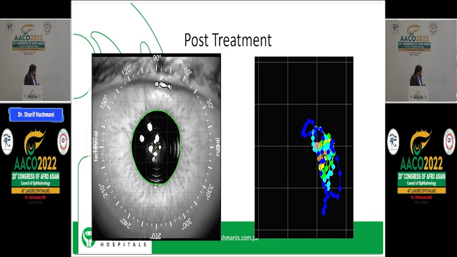First, I thought I should go in and cut it, and then I tried with the YAG laser and removed that piece of rexus. And you can see the dispersion that was occurring here has gone down. The patient was very happy, and this was about a year back, and he's still doing very well.